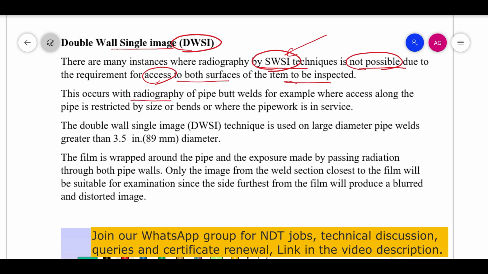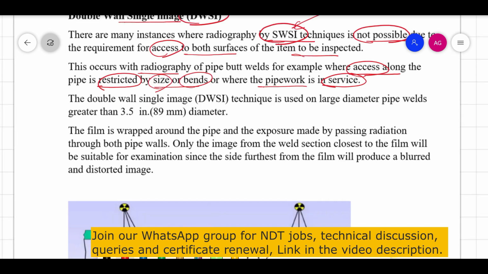This occurs with radiography of pipe butt weld, for example, where access along the pipe is restricted by size or bend, or where the pipework is in service. So in-service radiography or in-service work has this problem of accessibility. Where pipe bends are there or size is the restriction, you cannot access both sides.